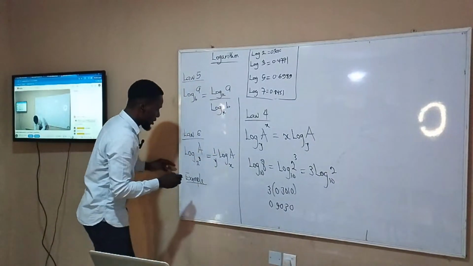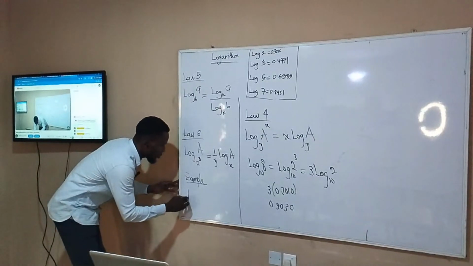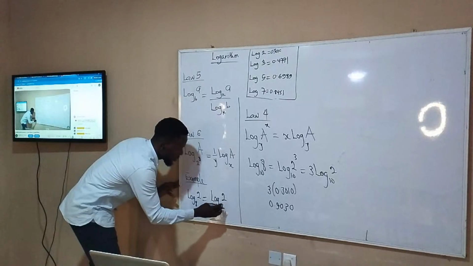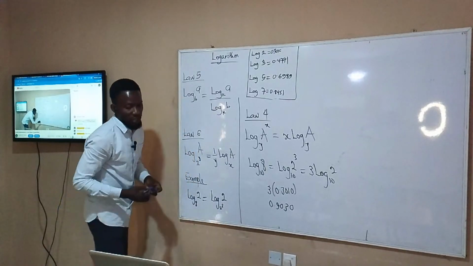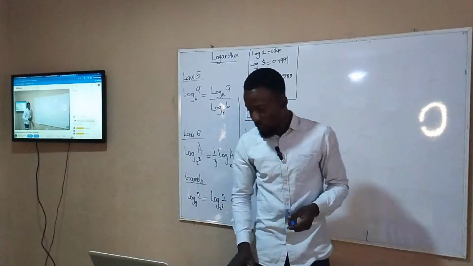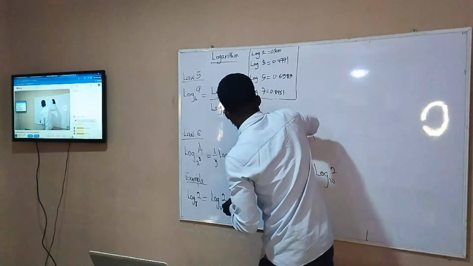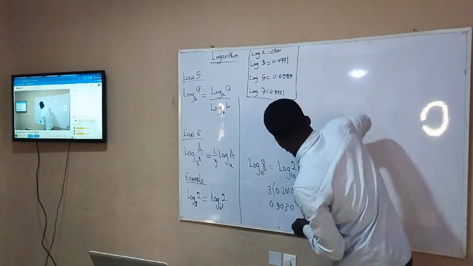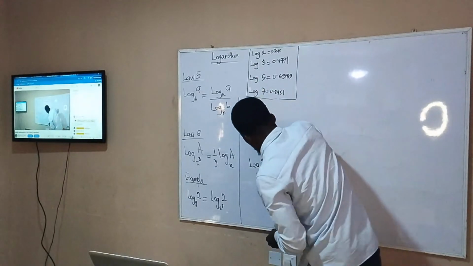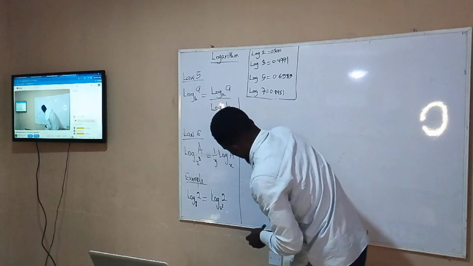Now let us have an example here. Let us say I have log as 2 raised to power 3. You can see we already have a base that is an index, a base that is raised to the power of something. That is what I'm trying to say.